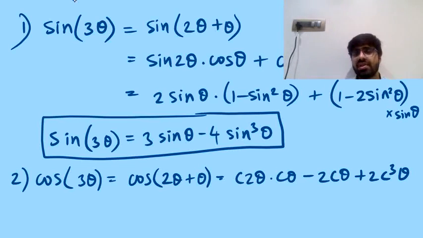And we need to go for a similar simplification here. Cos 2 theta, because we want everything in terms of cos, we will write it as 2 cos square theta minus 1 into cos theta. So when you expand the bracket, you get 2 cos square theta into cos theta, which is 2 cos cube theta minus cos theta.